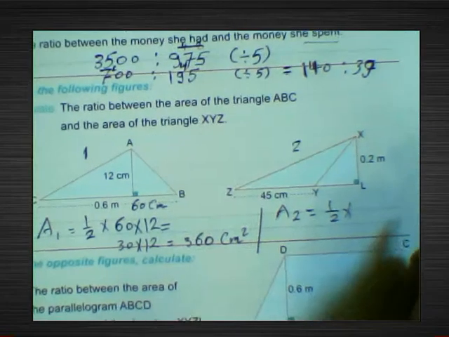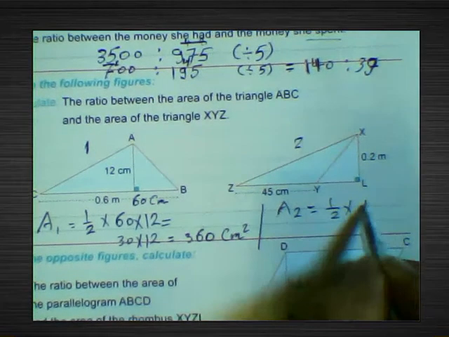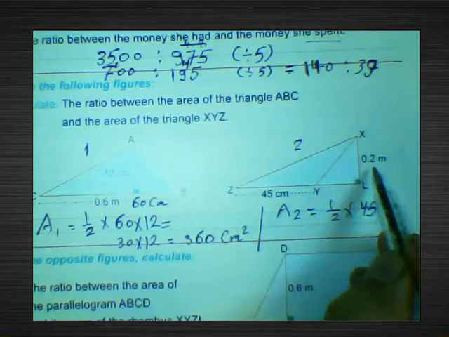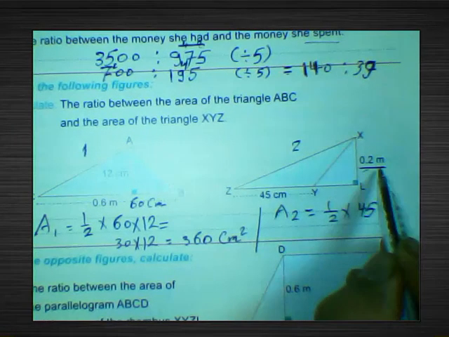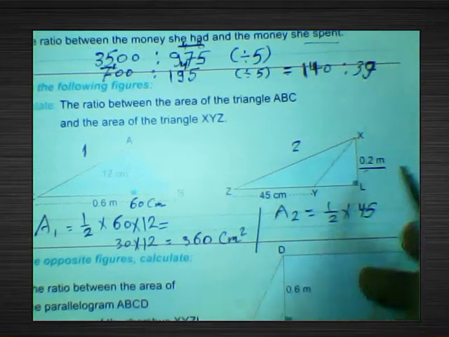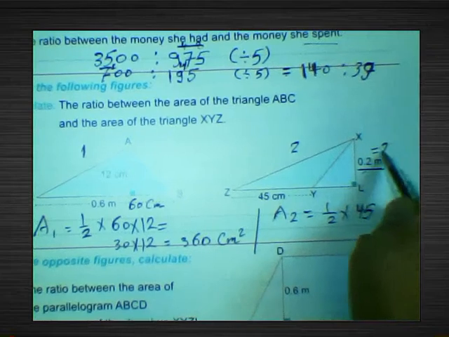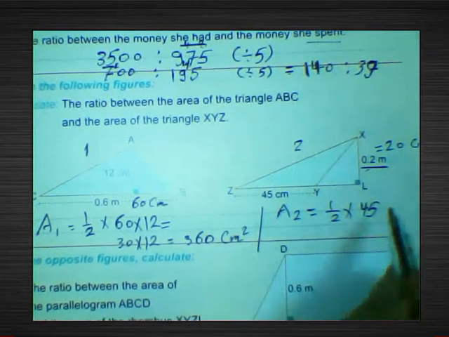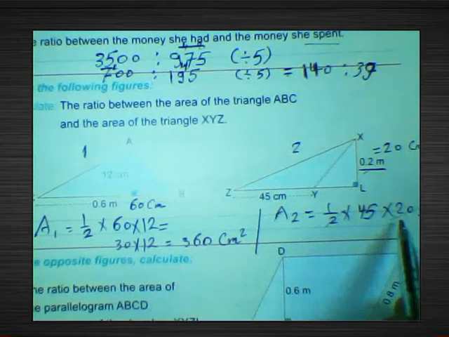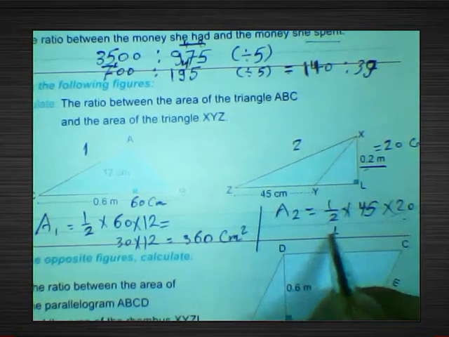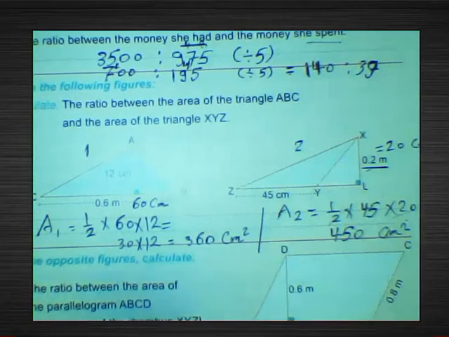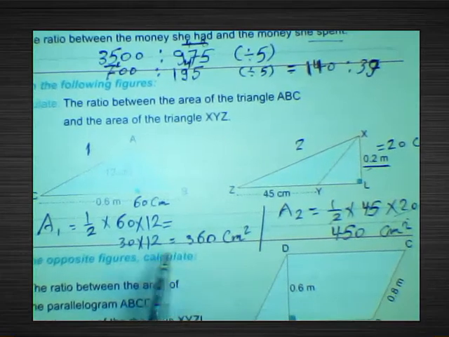The width here is 45 centimeters and the height is 20 meters. We will convert it from meters to centimeters by times 100, by moving the point 2 digits to the right. It will be 20 centimeters, half of 20 equals 10. 10 times 45 equals 450 centimeters squared.